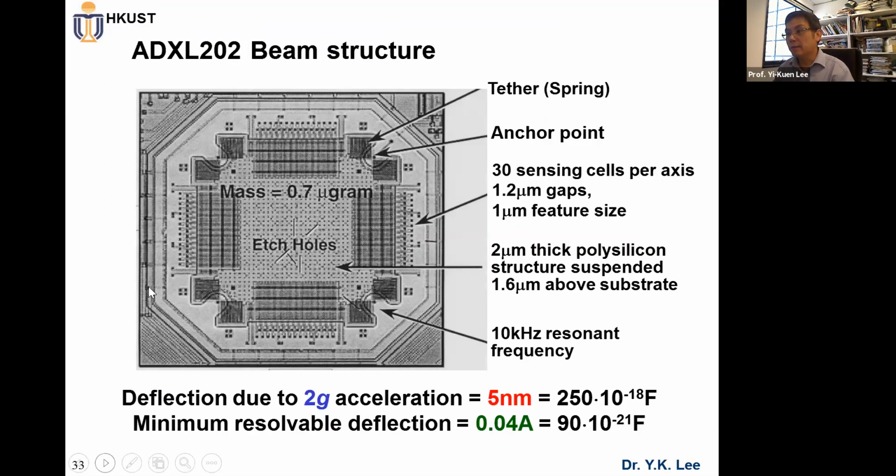And in reality, this micro mass-spring mass is so small, about 0.7 microgram, and the feature size, the gap, is about 1 micron. With input acceleration like 2G to this ADXL accelerometer, the deformation of the micro spring is so small, 5 nanometers.